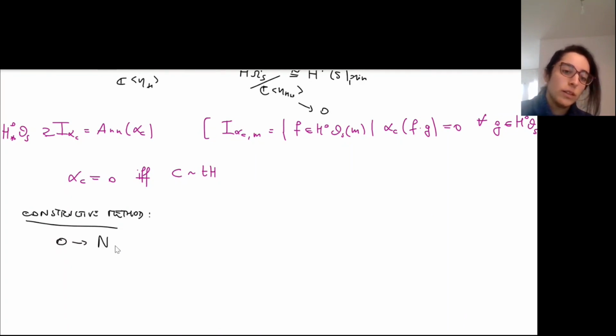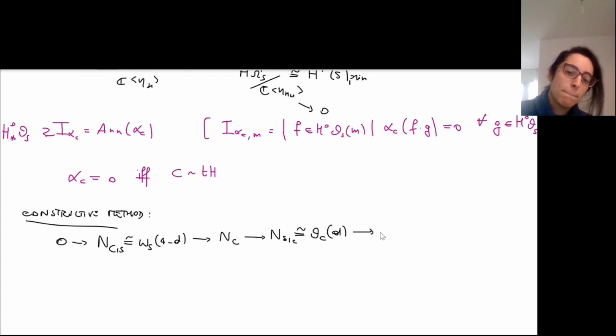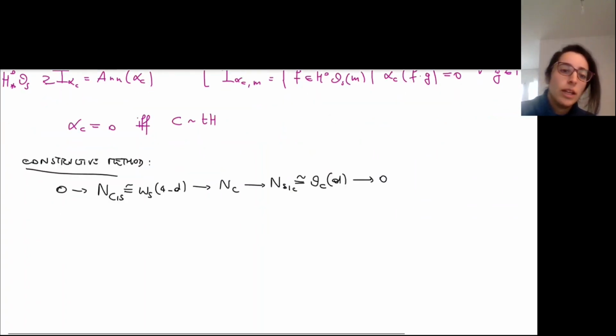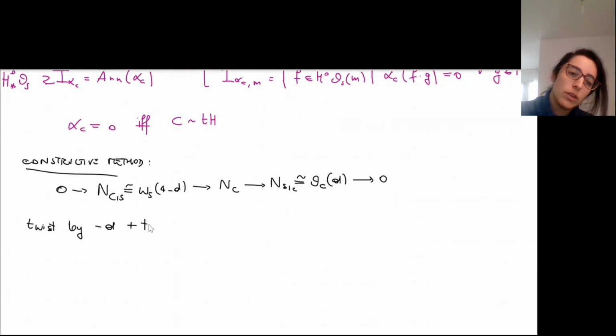So the normal of C in S, that is omega S degree 4 minus D, goes to the normal of C in P3, that goes to the normal of S restricted to C, that is O_C(D). So again, we twist by minus D and take homology.